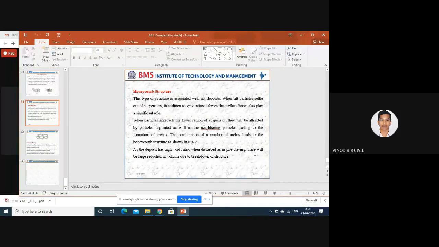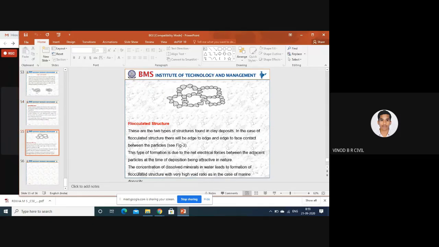When the particles approach the lower region of suspension, they will be attached by the deposited particle as well as the neighboring particles, leading to the formation of arches. The combination of a number of arches leads to the honeycomb structure as shown in figure 2. In figure 2, you can see the arches, a circular or semicircular arch shape.